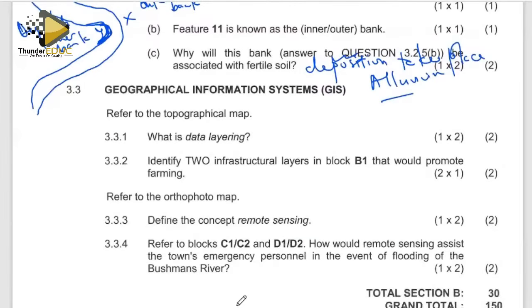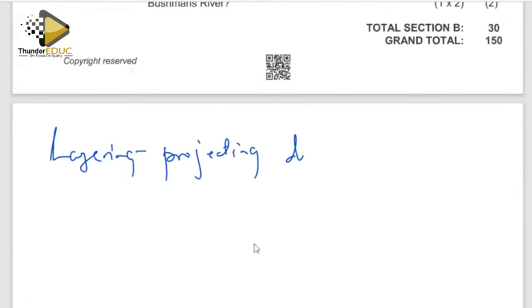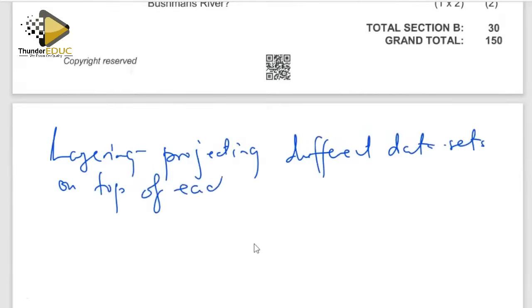Our first question is saying, what is data layering? When we're talking of data layering in terms of GIS, we are saying it's projecting different data sets on top of one on top of another. When we're talking of layering, we are projecting different data sets on top of each other to see their relationship.